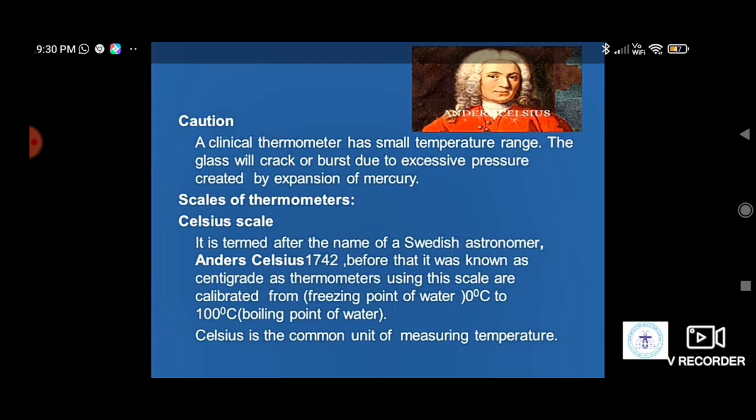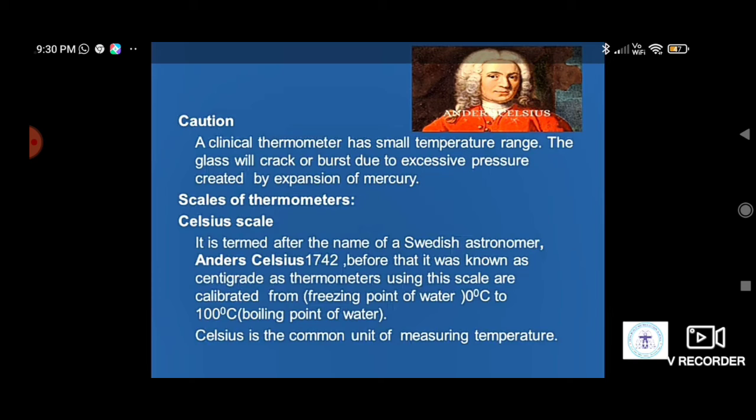So, what are the scales of thermometers? The Celsius scale is named after the Swedish astronomer Anders Celsius, in 1742.